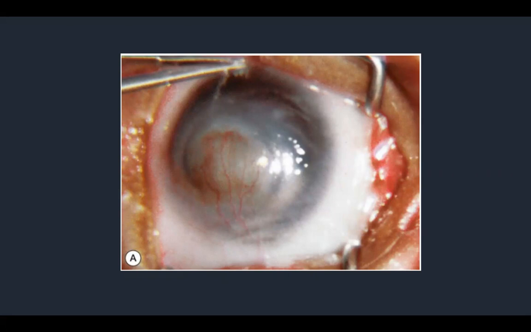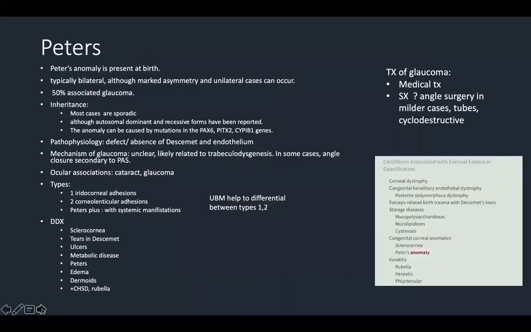Tube could be one of the options, or cyclodestructive surgery, and refer the patient to the anterior segment service to evaluate the lens for cataract and the cornea for possible PKP. Next, this slide is for Peters if you'd like to see it, and differential diagnosis.